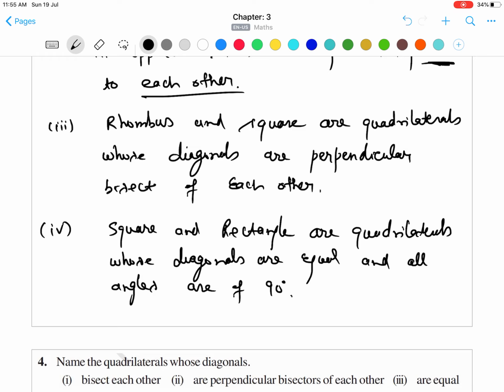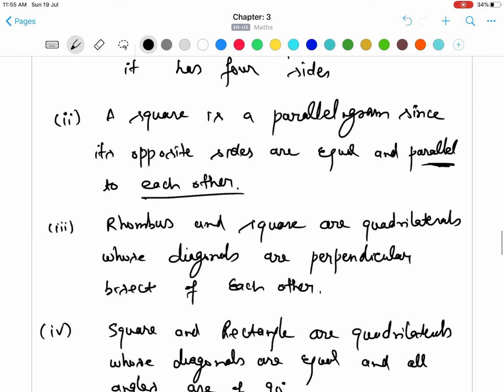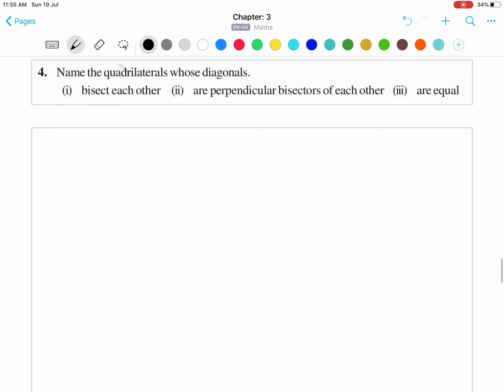Okay, so in a square and rectangle all angles are equal, which are equal to 90 degrees, and the diagonals are equal. In a square also diagonals are equal, and in a rectangle also diagonals are equal. Okay, so that's the solution of question number 3.